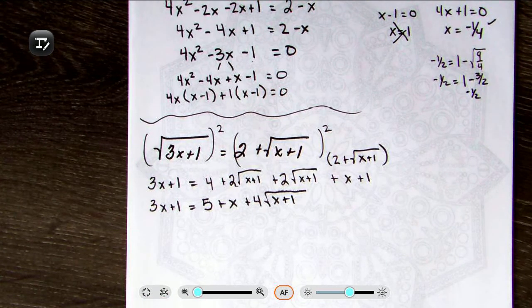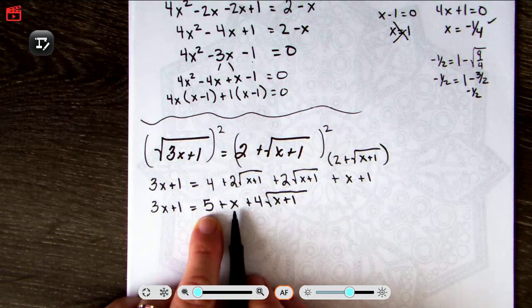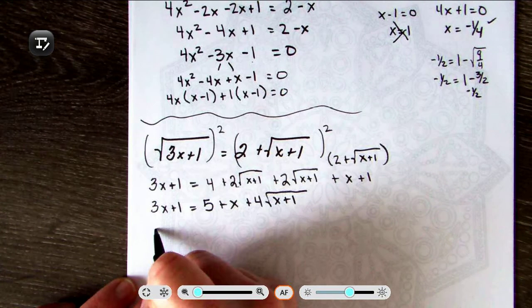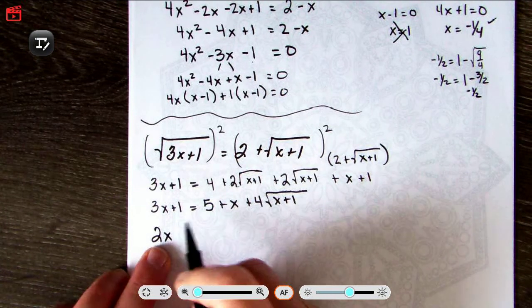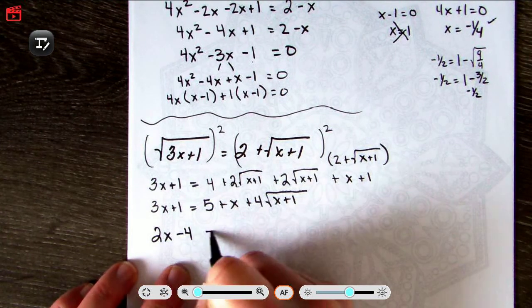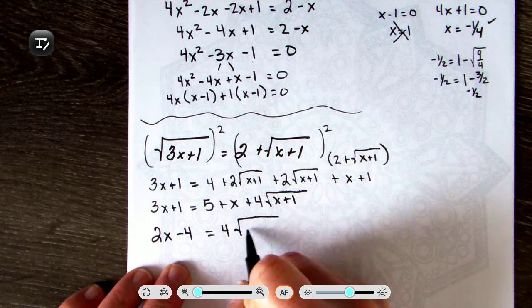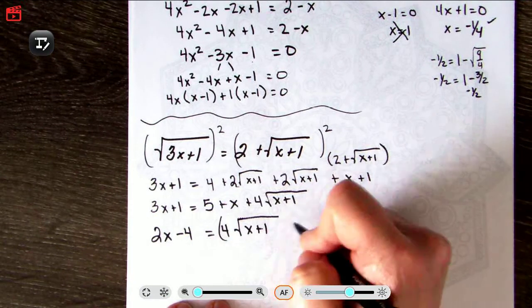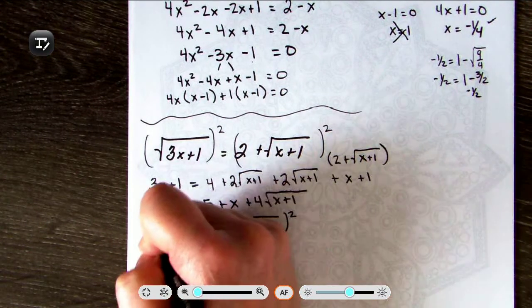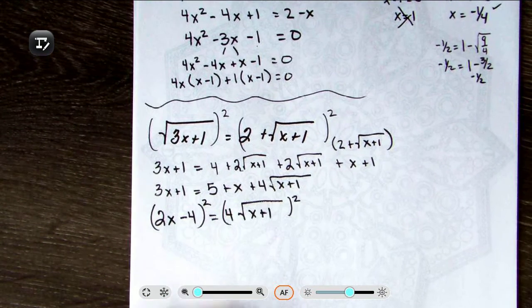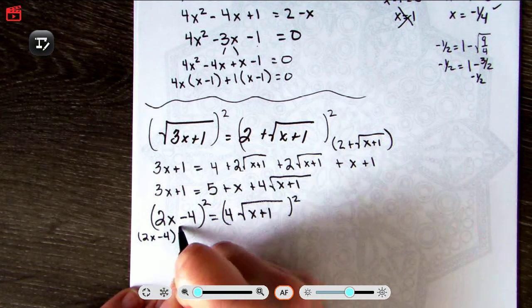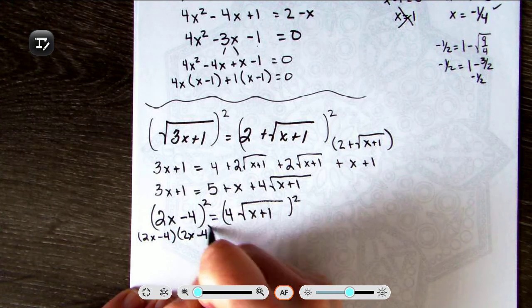The method is to isolate the square root, so I'm going to move the 5 and that x to the other side, subtracting 5 and subtracting x. So I'll get 2x minus 4 equals 4 square root of x plus 1. And we're going to do it again, squaring both sides. Okay, so I'm going to be squaring that 2x minus 4, so 2x minus 4 times itself.